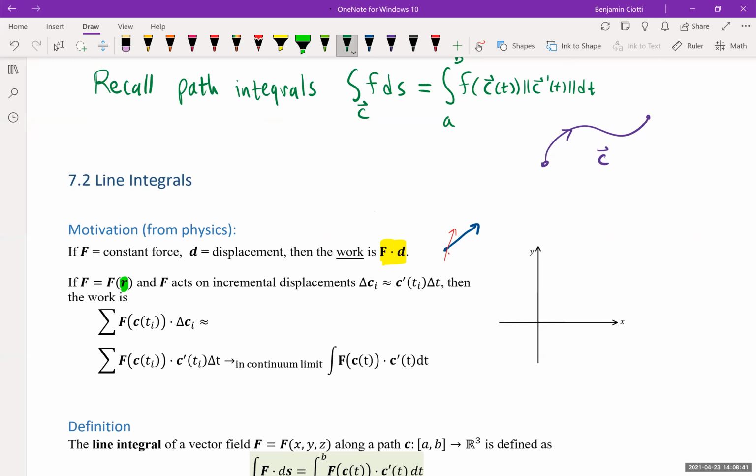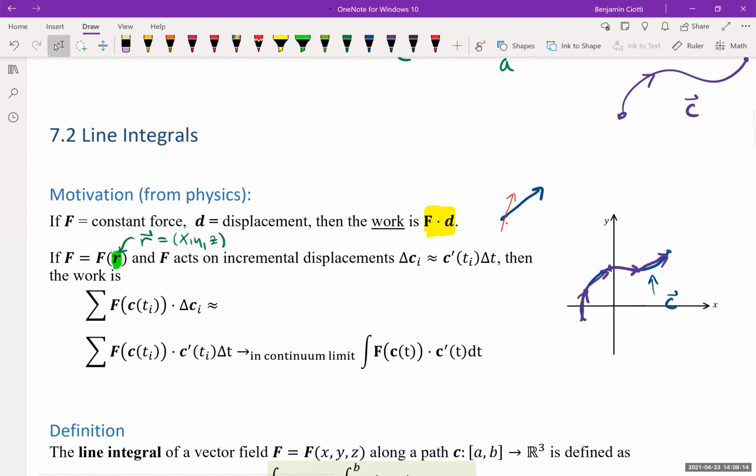Remember that boldface R here will usually indicate position. If you have some path C and you break it up into little incremental displacements as such, then you can apply the force definition on each one of those little incremental displacements.